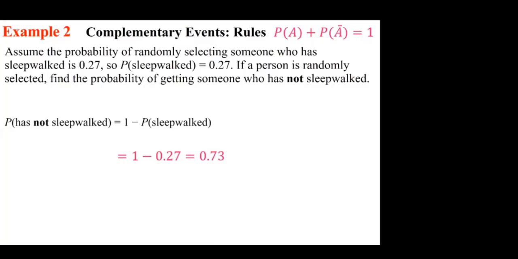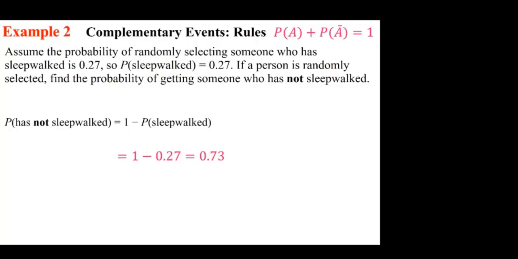So the probability that the person has not sleepwalked equals 1 minus the probability the person has sleepwalked, and it's 1 minus 0.27, which is simply 0.73. So simply put, subtract the probability from 1, and that gives you the answer.